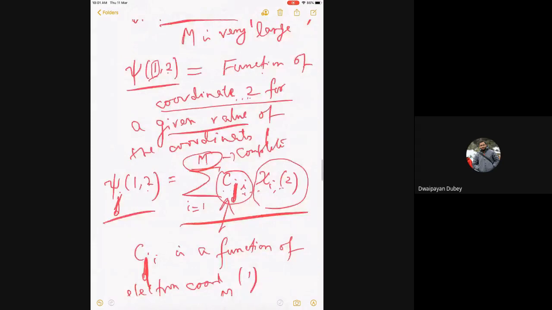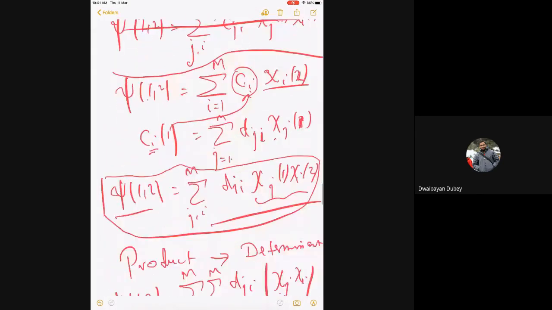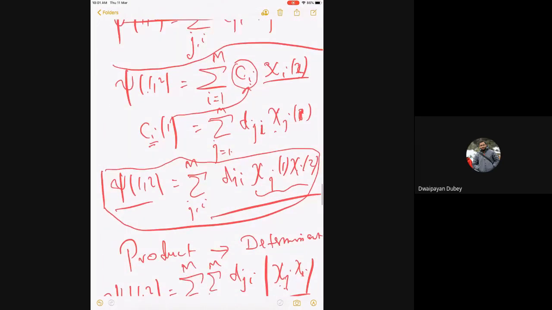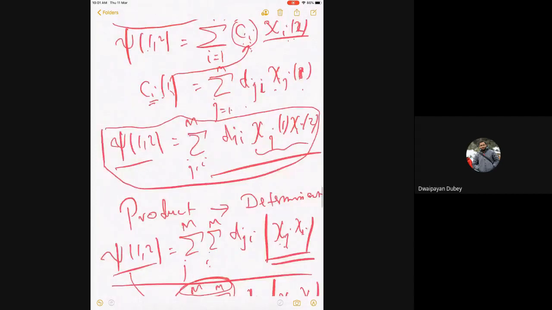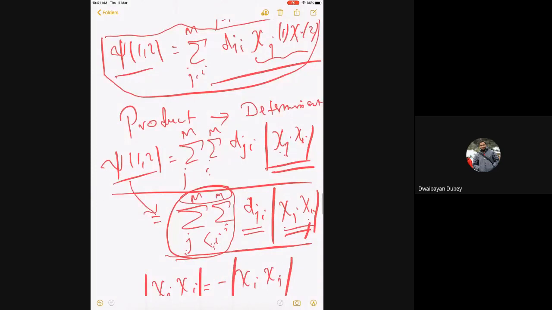In this case, the coefficient becomes a function of 1. That can be further expanded as a function of 1, and this is a function of 2. So if you match this here, it becomes d_ji, chi j of 1, chi i of 2. And then you replace the product by a determinant. So it's basically a linear combination of determinants.